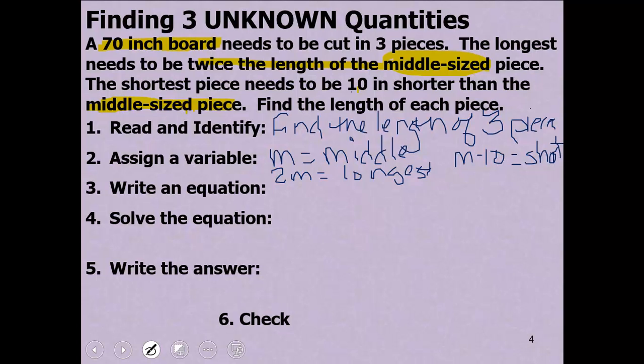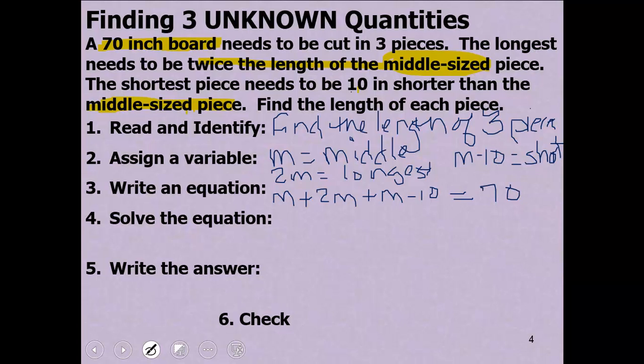Right? Then we have to write an equation. Once these are cut, they all have to add up to what? 70. Because they can't be any more than what the original board was. So we have to take M plus 2M plus M minus 10, and they all have to add up to 70 inches.